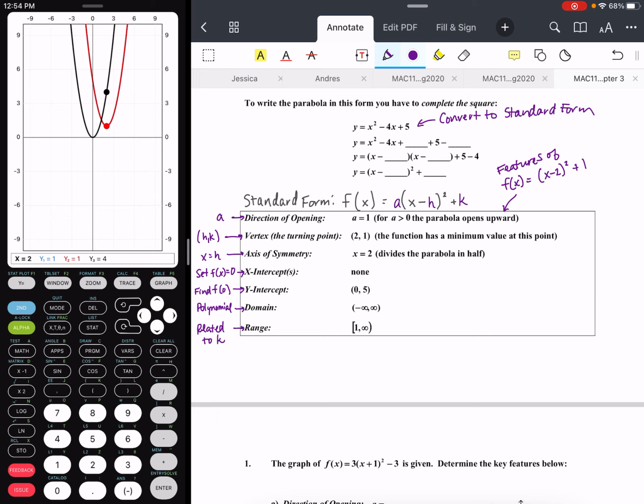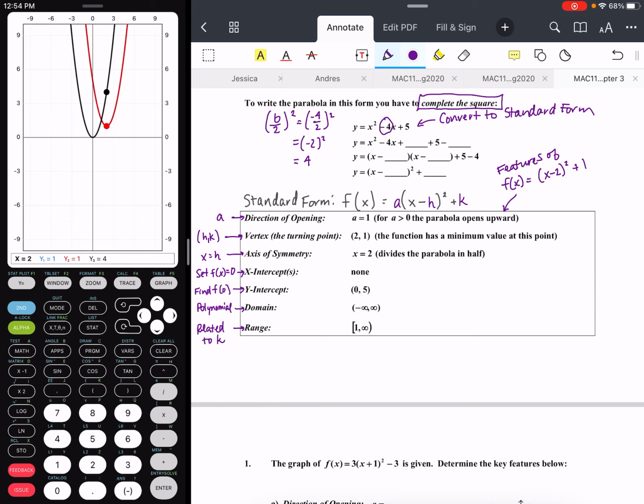So I could do this by using our completing the square techniques that we've used in previous sections. So remember, for completing the square, we take b over 2 and square it. In this case, b is negative 4. So that's going to be negative 4 over 2 squared, which is negative 2 squared, which gives me positive 4.